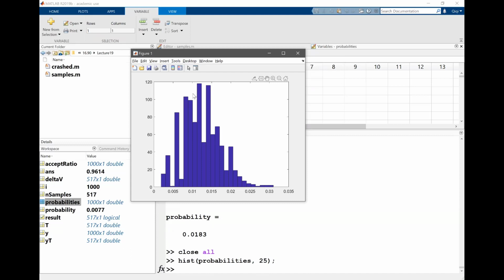It's definitely not uniform, right? The distribution seems to be a little bit high in the middle and a little bit low at the two ends. Of course we have only 1,000 samples, so we only get a pretty noisy version of the distribution.